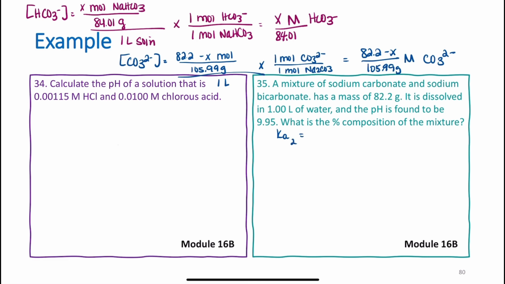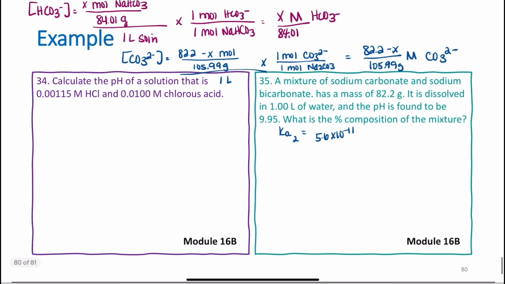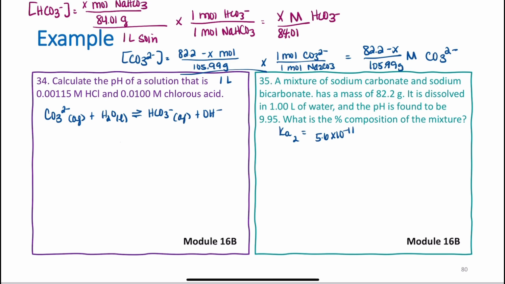So it's really the Ka2, if you look it up, is 5.6 times 10 negative 11. But carbonate here is going to act as a base. I'm going to have CO3 2 minus in water, producing HCO3 minus and hydroxide.